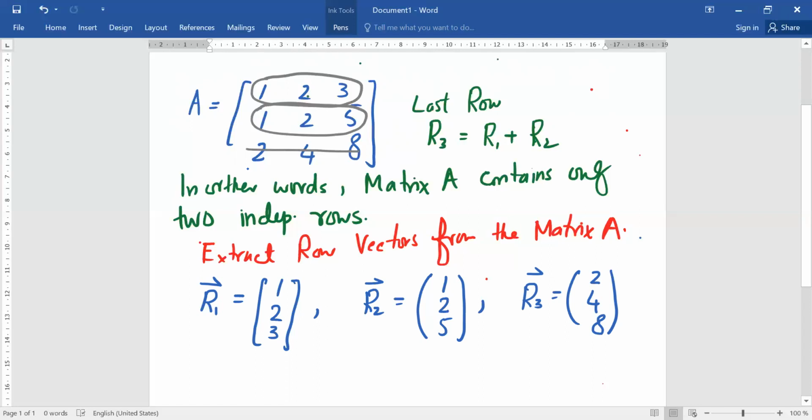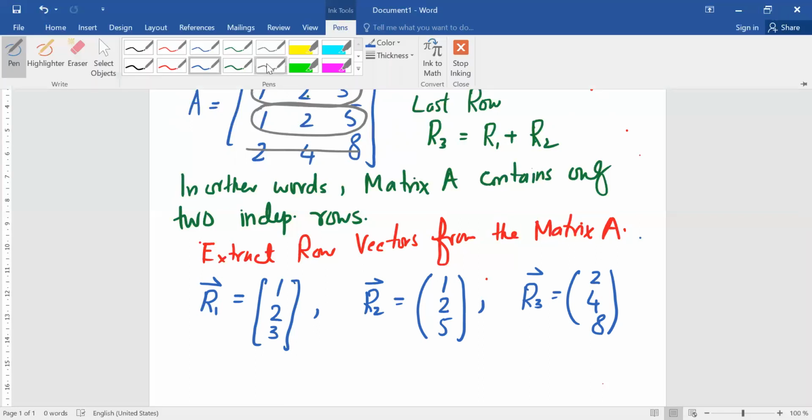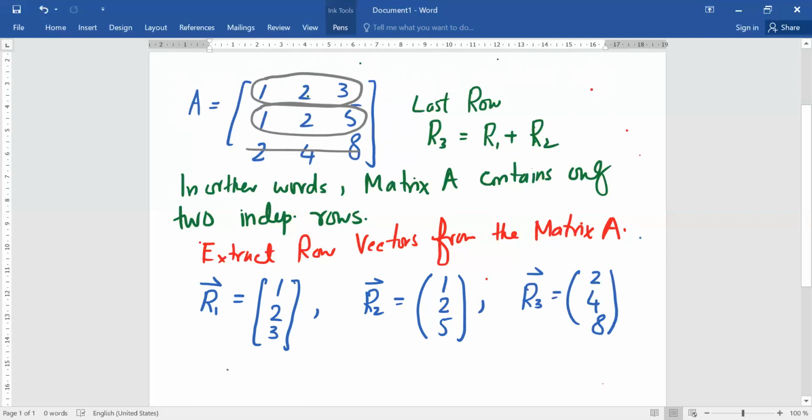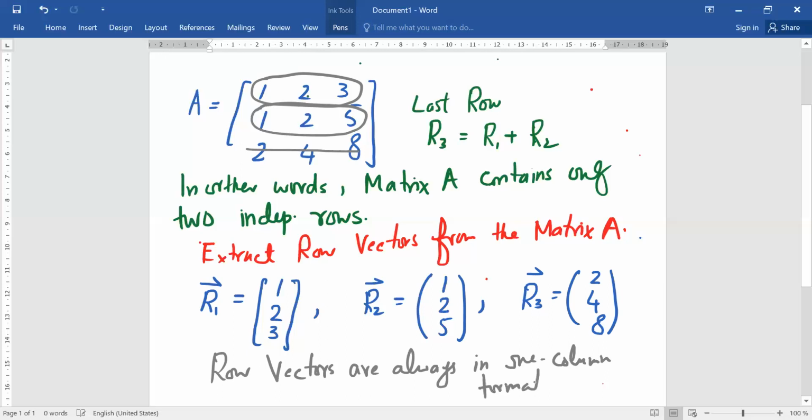Let me emphasize this more to make it clear. Row vectors are always in one column format. You see this now? So this is one column format.